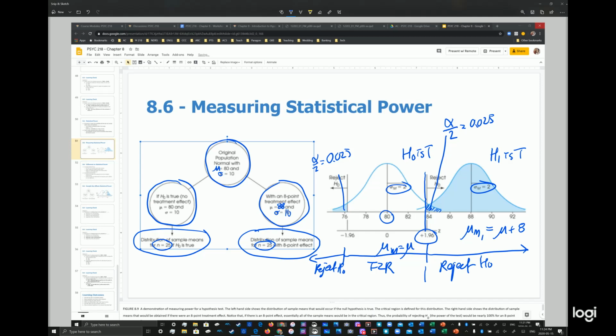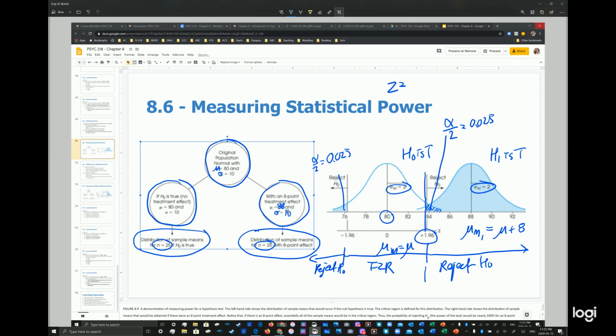And this critical value is 1.96 standard errors, or standard deviations of the null distribution, away from the mean. So again, if we want to solve for the new sample mean, solve for m, then the critical m value, well, we can review.